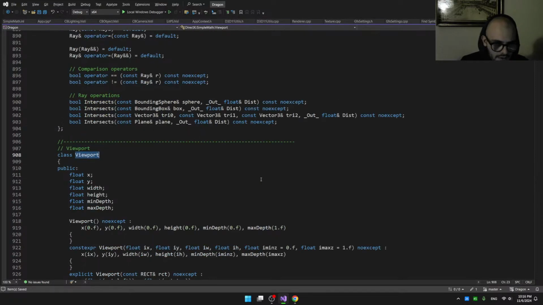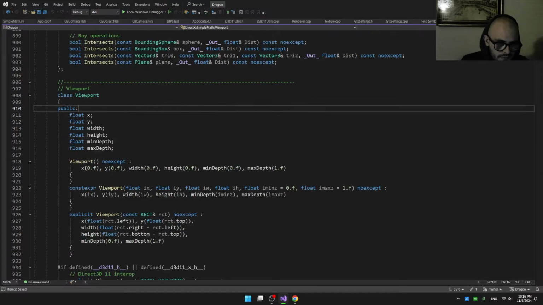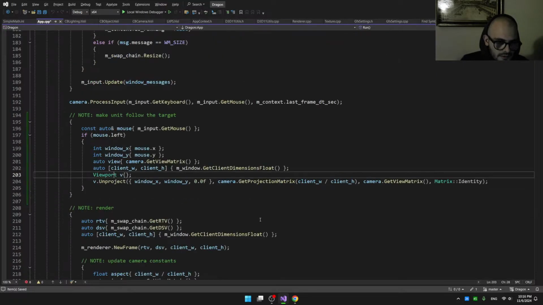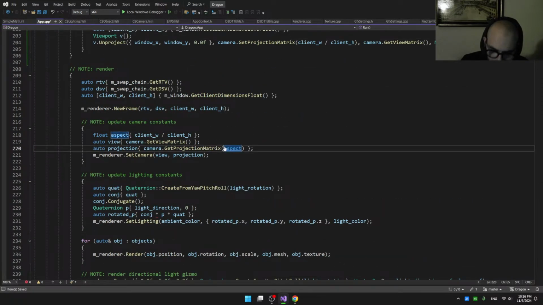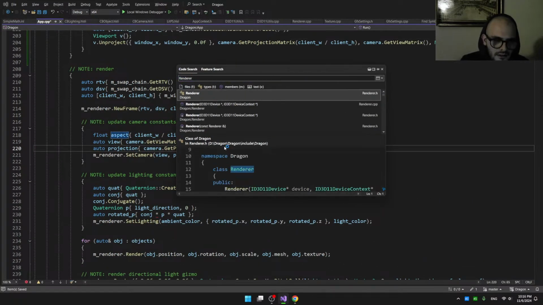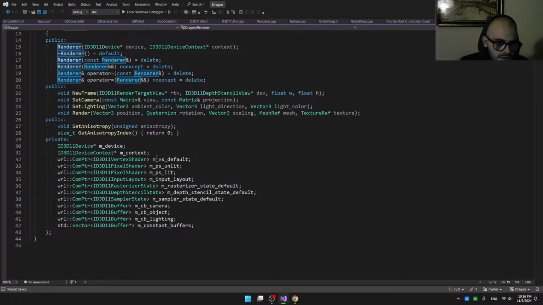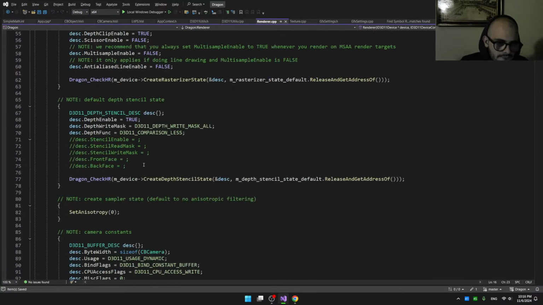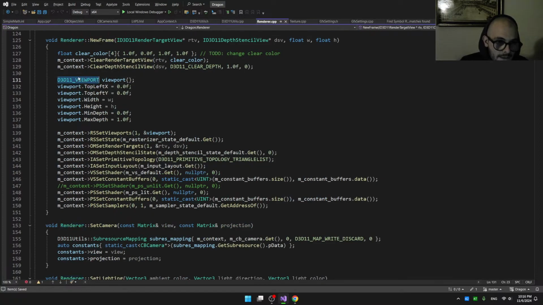When I pass the viewport, 0, 0, IX, IY, IW, I mean Z. When I go to the renderer and I call render, yeah, the min depth is 0, the max depth is 1.